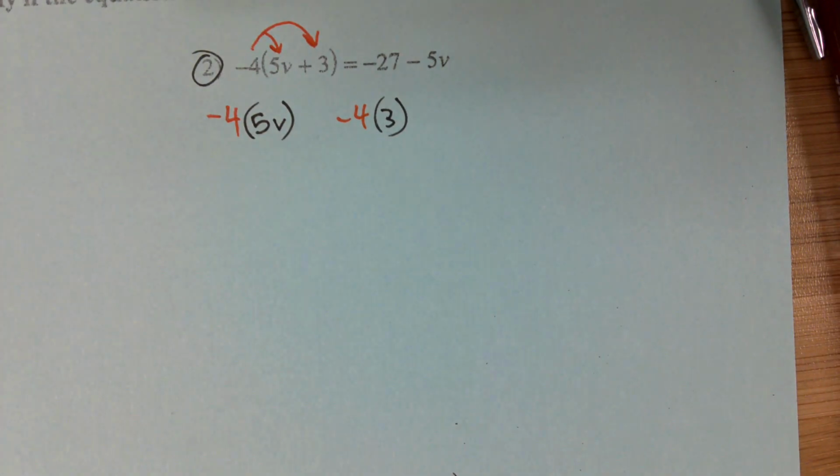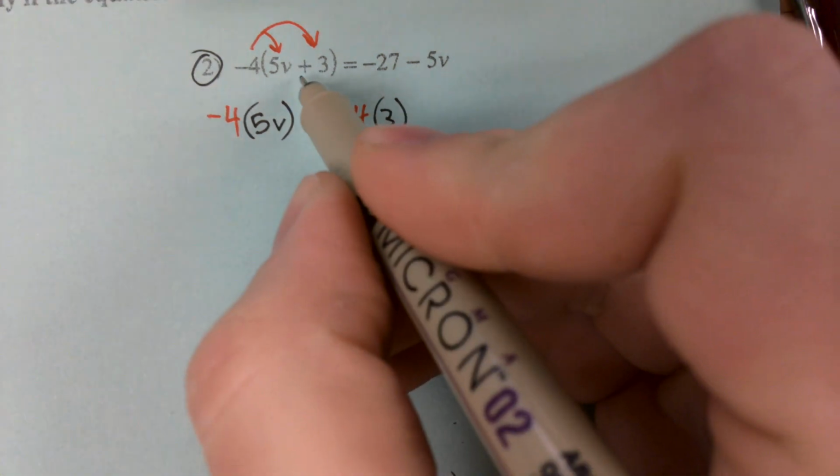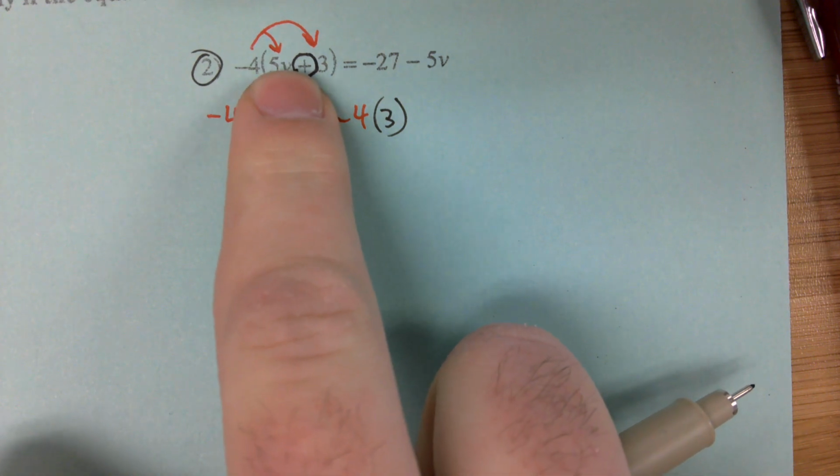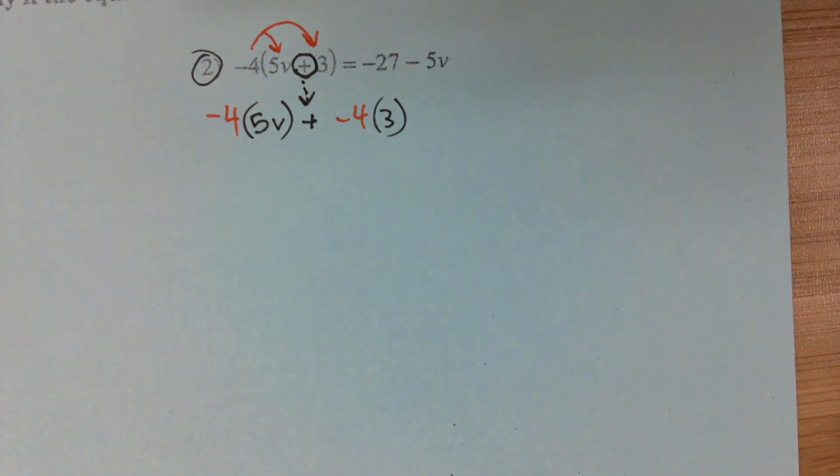Now, what sign needs to go in between these two multiplication setups here? Well, what sign is in between them inside the parentheses? A plus sign, right? 5v plus 3. So, this plus sign's got to get brought down in between them, right down there as well.